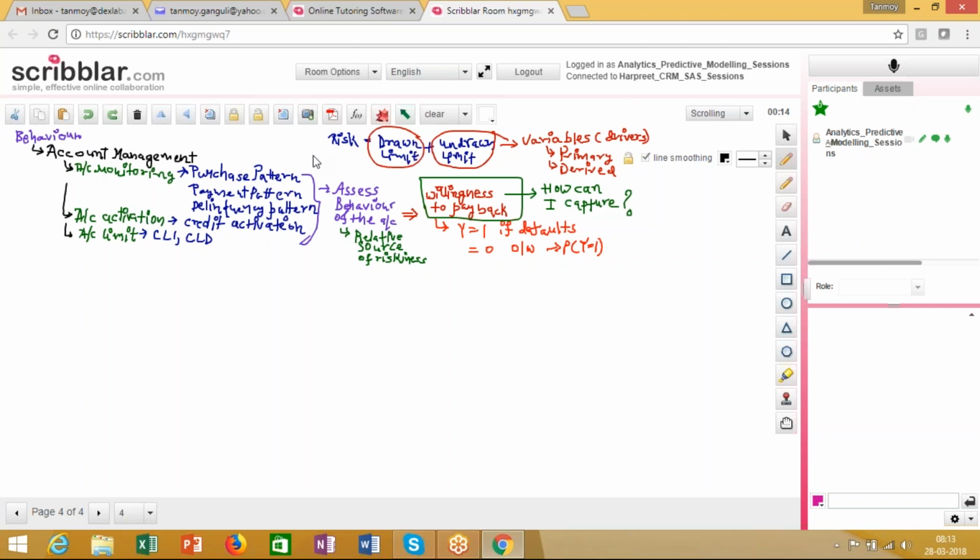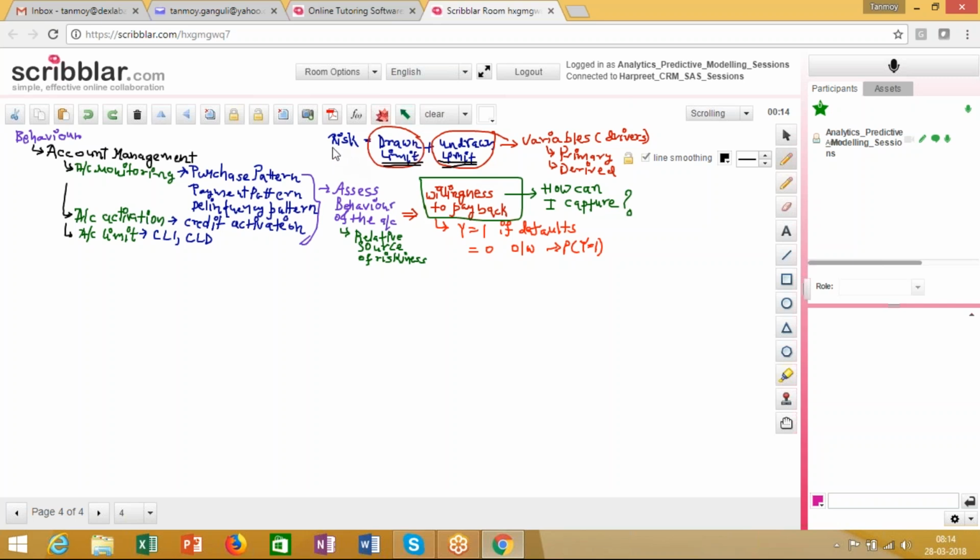And the riskiness for a credit card can arise from both these sources. So the question that comes to me is how I can actually capture the riskiness of a borrower, how I can capture the willingness of a borrower to pay back at a given stage.